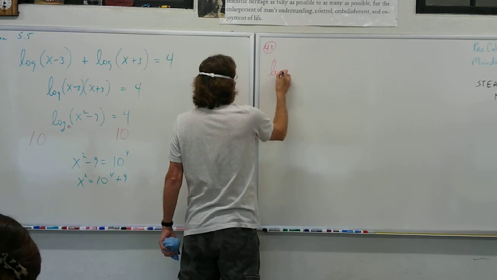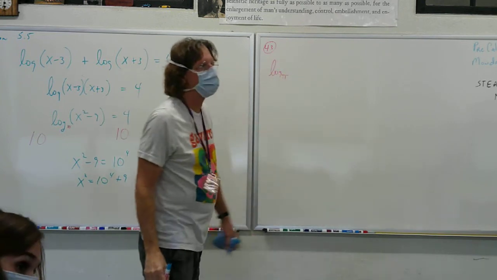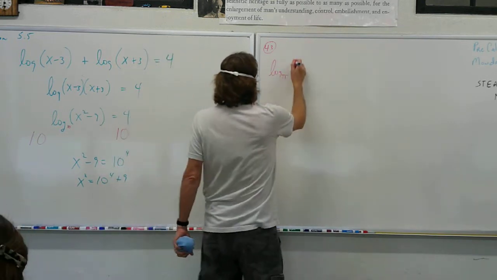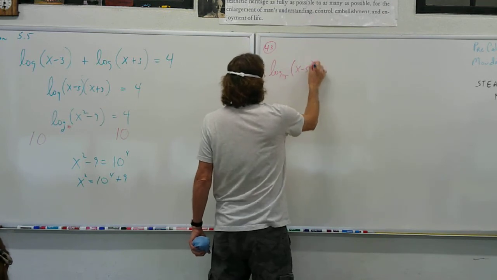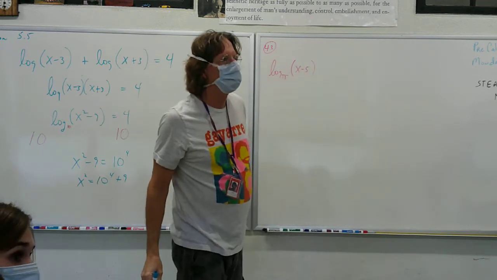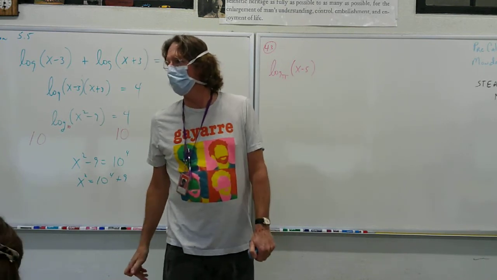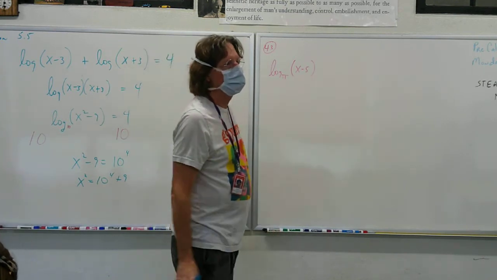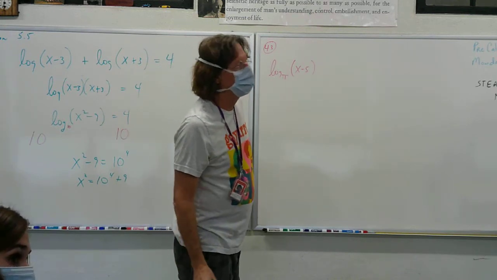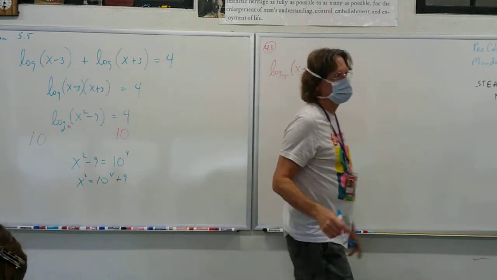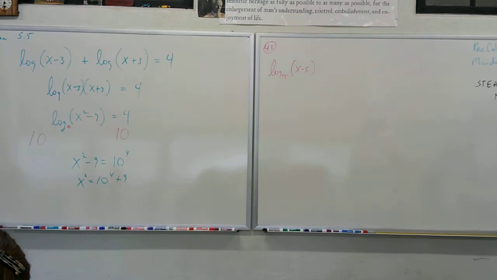Log base pi of x minus 5. What's that x represent? What's the base of x, isn't it? It's base pi. Yeah. It's a little pi down there. And the only reason I know is I've walked over here really close to it and looked at it.